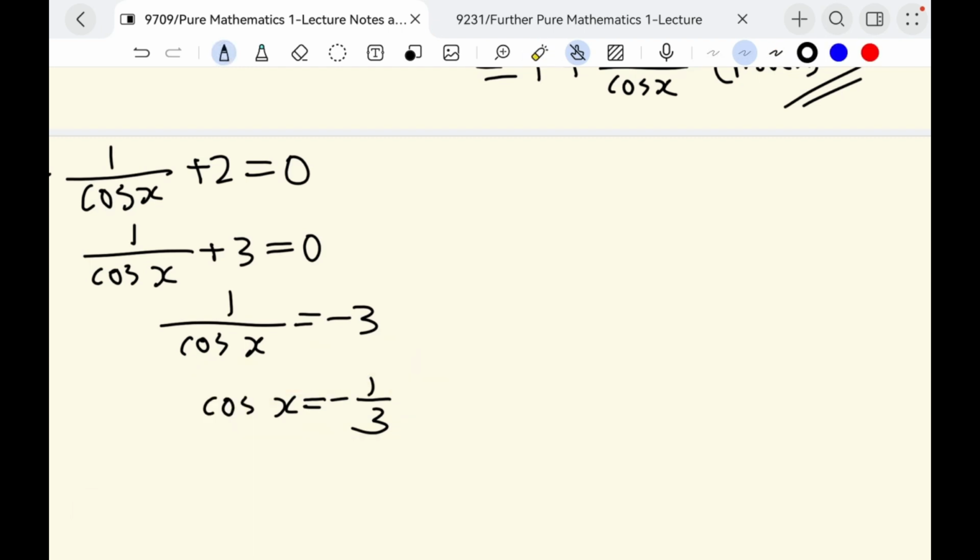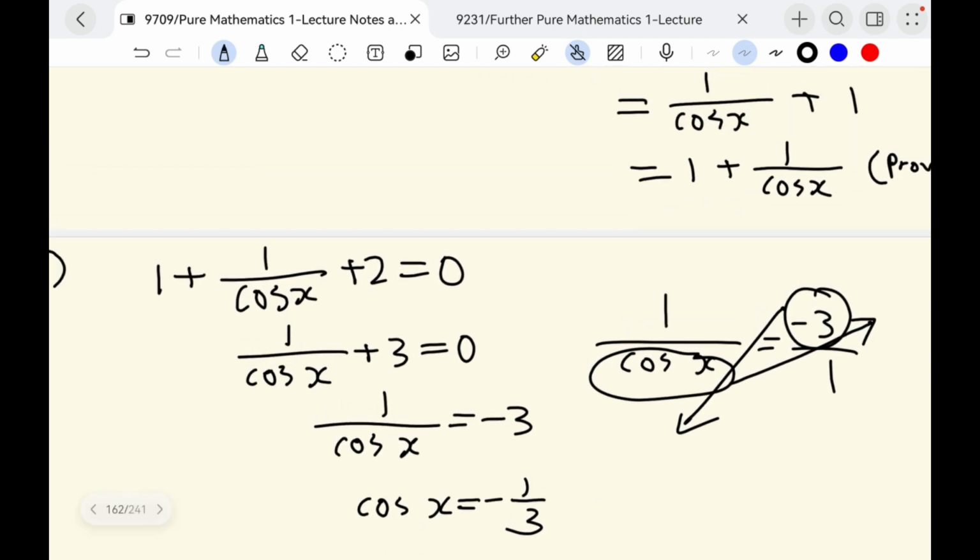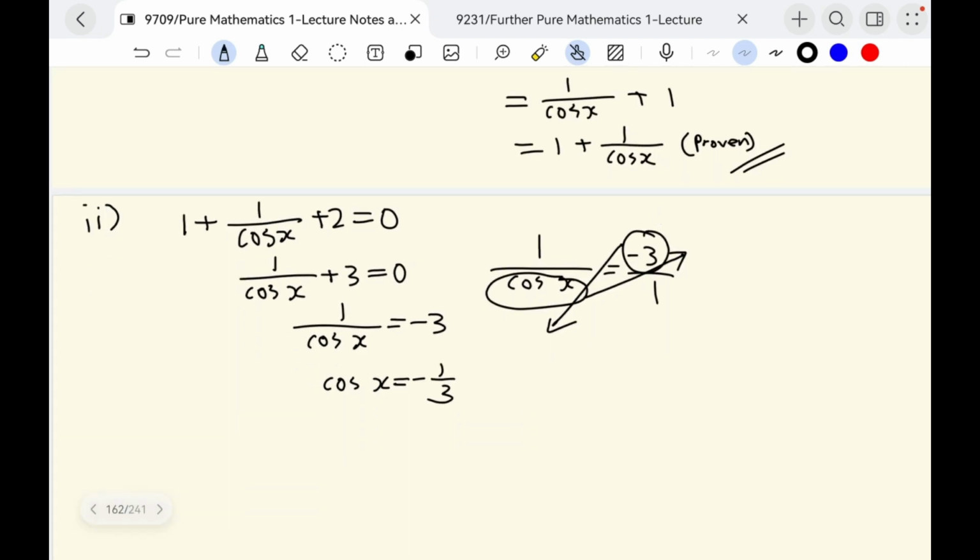So this is the way. 1 over cos x equals negative 3. Because negative 3 has a denominator of 1, you have to swap the positions. Cos x divided, moves upwards to become multiply. Negative 3 multiply moves to the other side, which becomes divide. So you will have cos x equals negative 1 over 3. Okay, so hopefully this makes it clear for you.